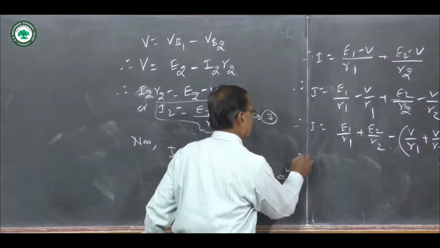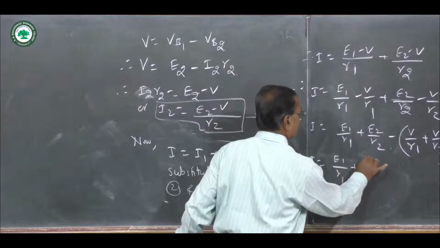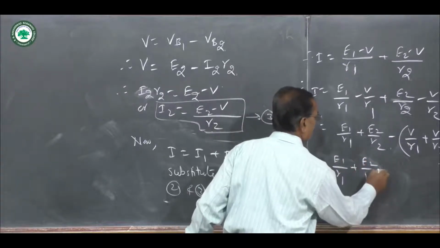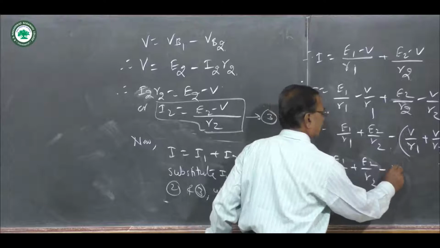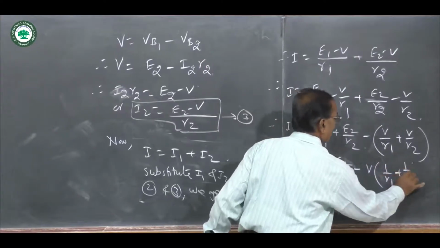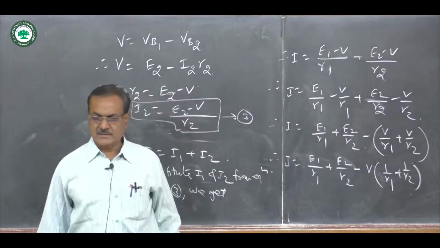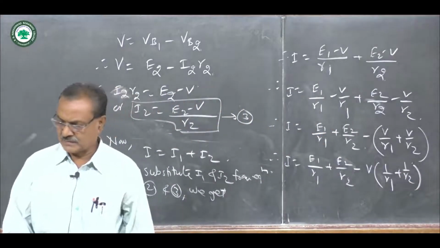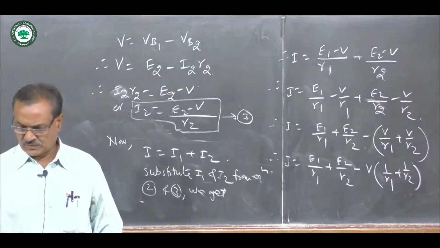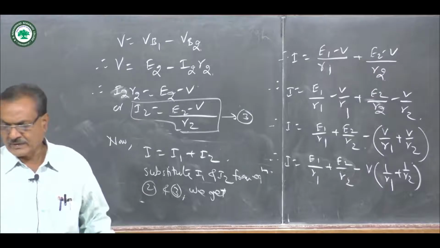So therefore we can write I equals E1 upon R1 plus E2 upon R2 minus V (1 by R1 plus 1 by R2). Let's take the common minus sign, also V symbolizes the potential difference.